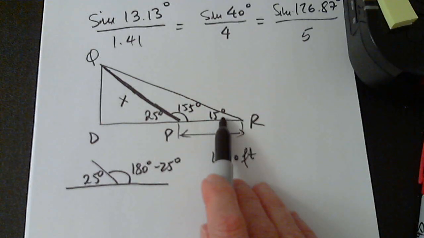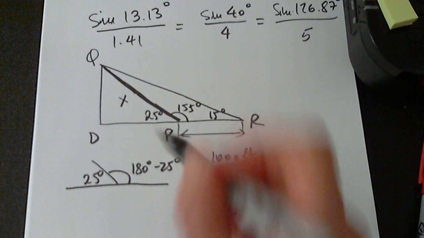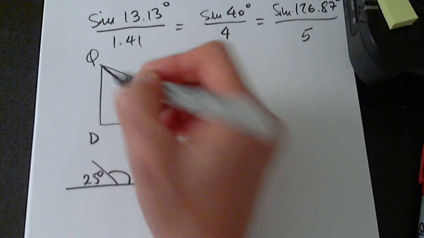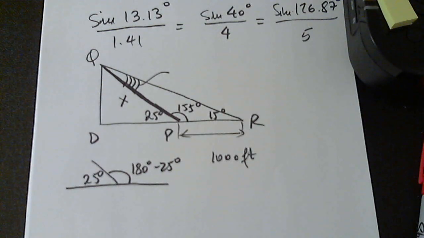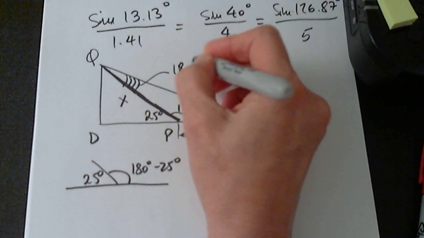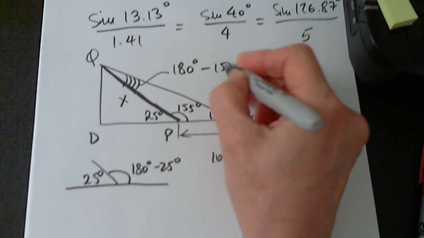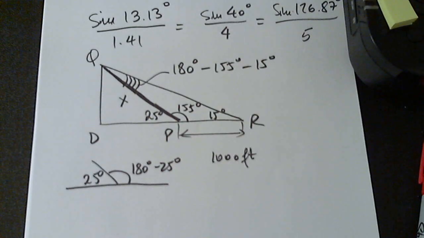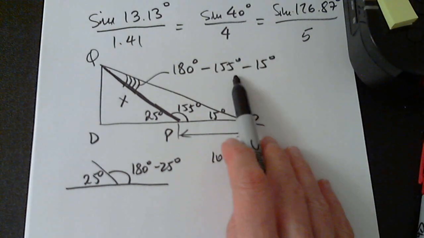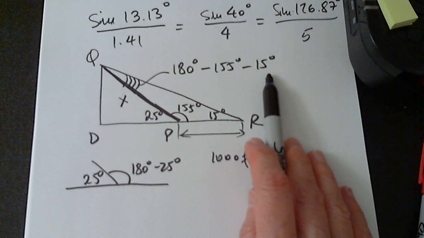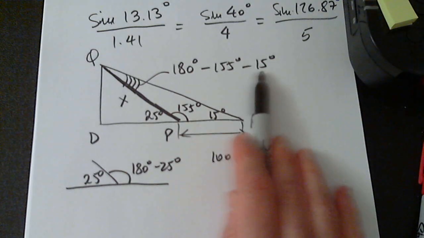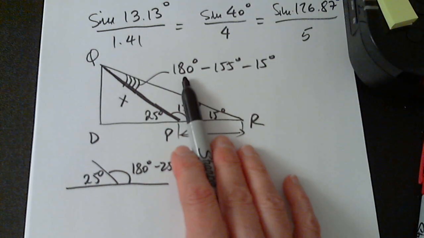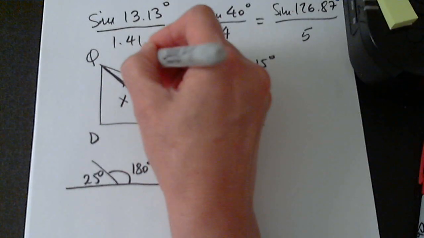Knowing that this is 15 and this is 155, can I determine this angle up here? Yeah. Excellent, because this angle will be 180 degrees minus 155 and minus 15. So 155 plus 15 is 170, subtracted from 180, so this angle is 10 degrees.